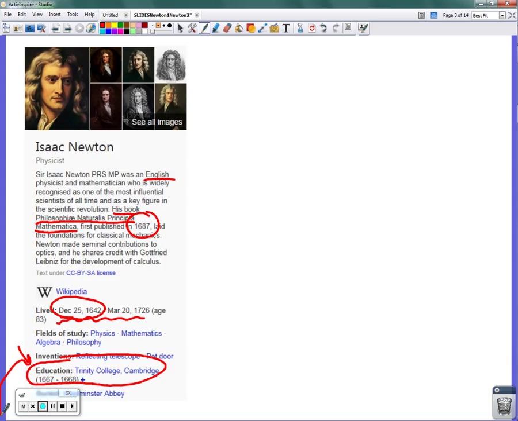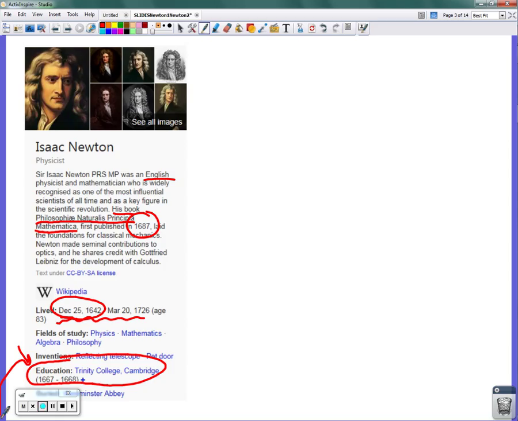But while he's at college, he gets sent home because of social implications of things going on. The plague is happening in England at the time, and any large congregations of people, they fear or they know will infect each other with the plague, so they close the university for a while.